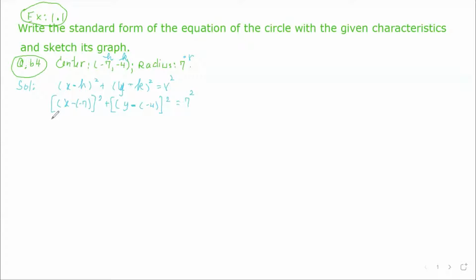Then simplify: x plus 7, minus times minus becomes plus 7, so squared, plus y, minus times minus becomes plus, so y plus 4 and the whole thing squared, equal to 7 squared. 7 squared means 49, right?